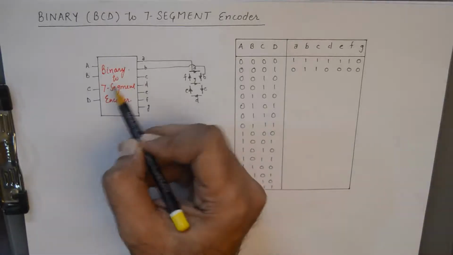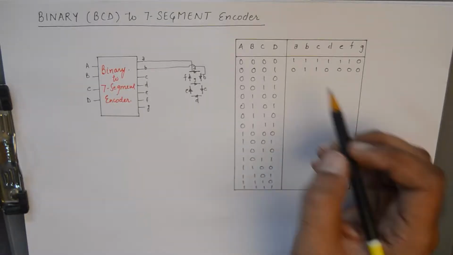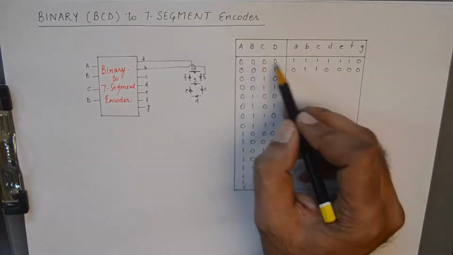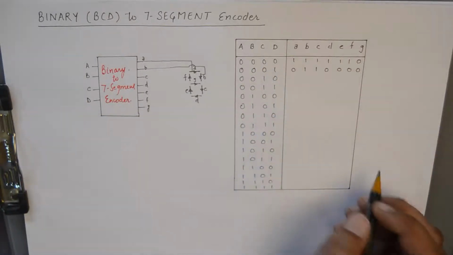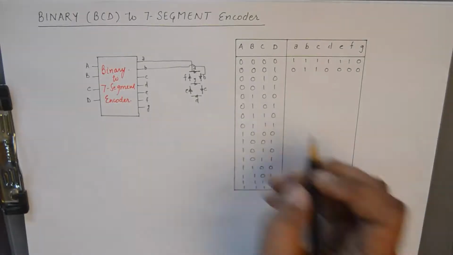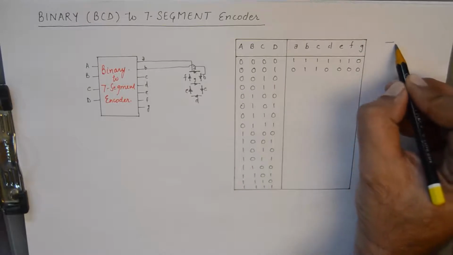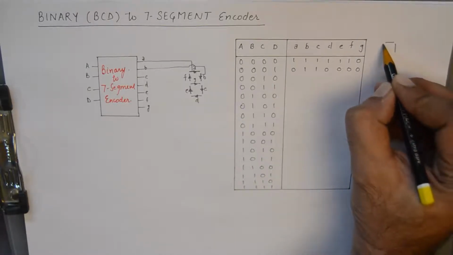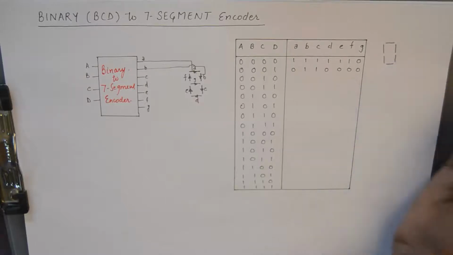Now when we need to draw the truth table of this 7 segment encoder, in order to complete this logical circuit, we need to see that 0000 in binary or BCD would represent a decimal number 0, whose shape will be obtained if such a pattern is obtained at the output.